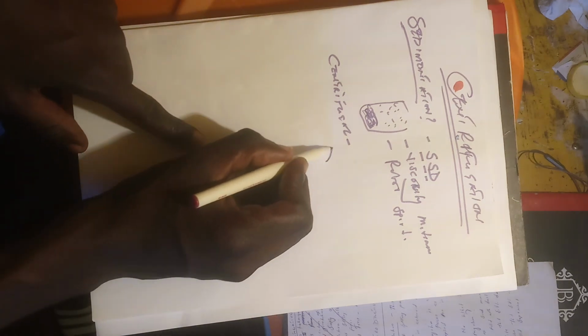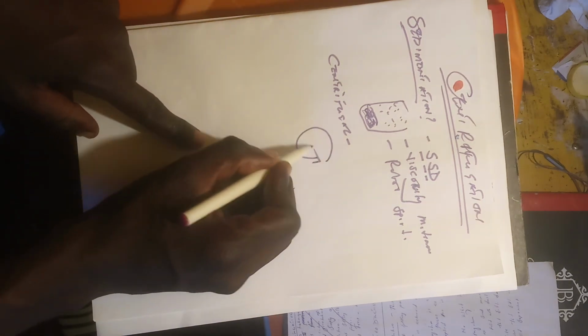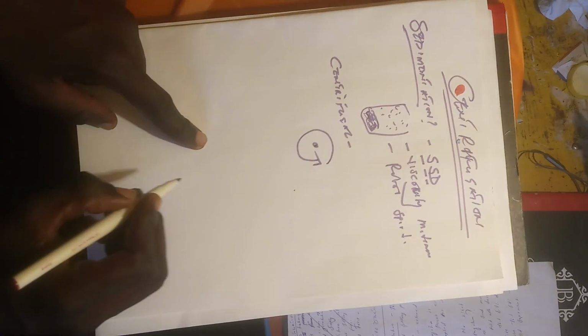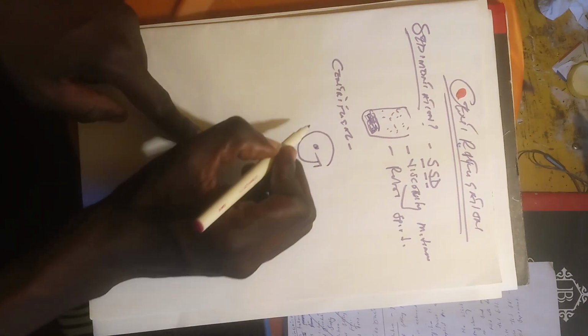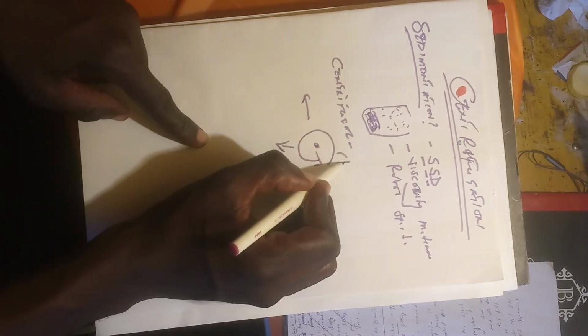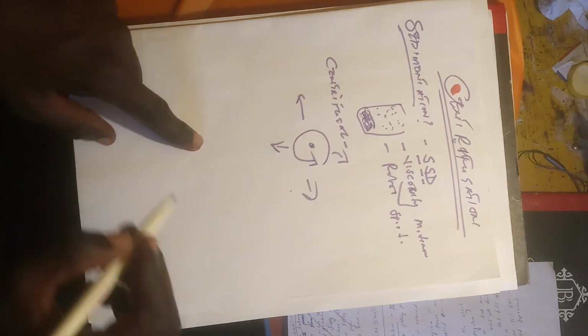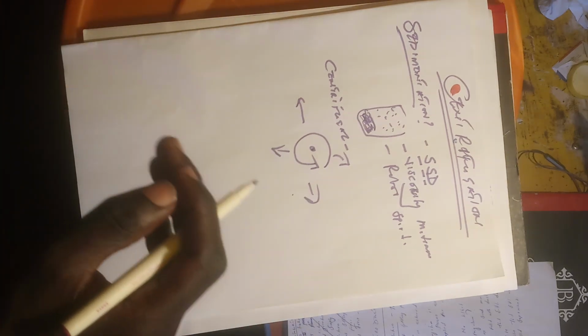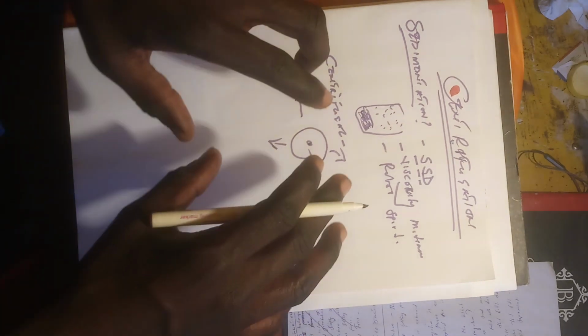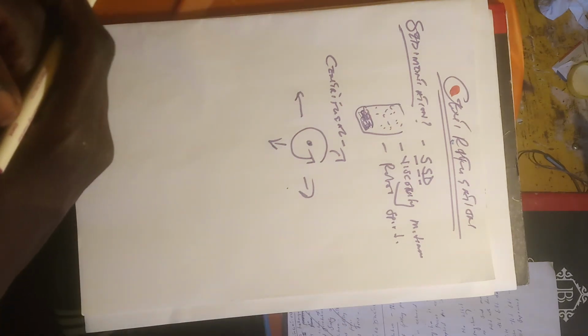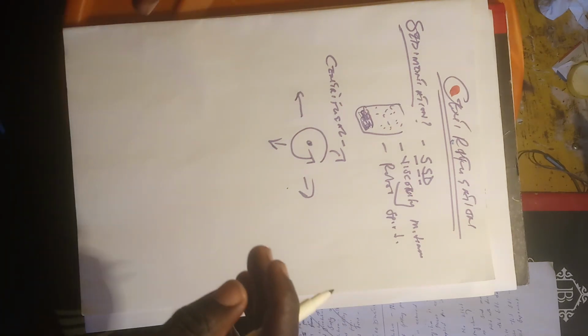So if this is an object moving in a circular path and this is the axis of rotation, centrifugal force is directed outwards from the center of rotation. That is the centrifugal force right there.